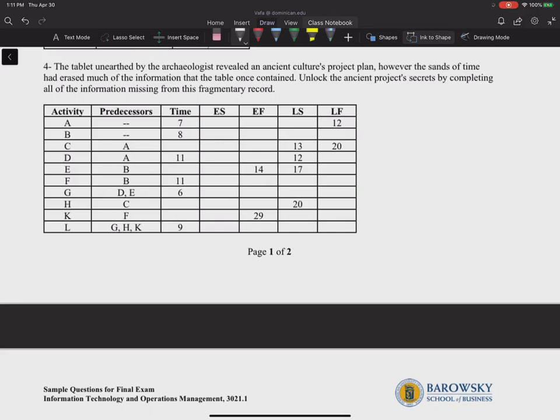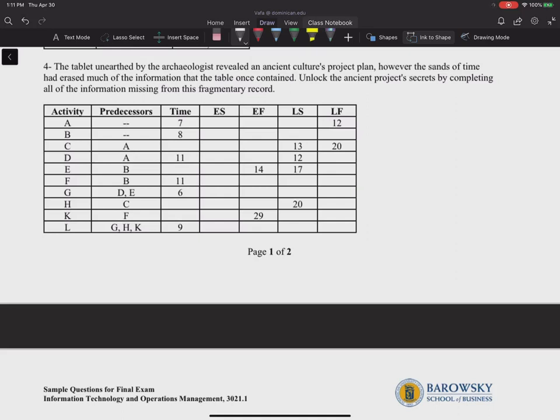The tablet unearthed by the archaeologist revealed an ancient culture's project plan. However, the sands of time had erased much of the information that the tablet once contained. Unlock the ancient project secrets by completing all of the information missing from this fragmentary record.